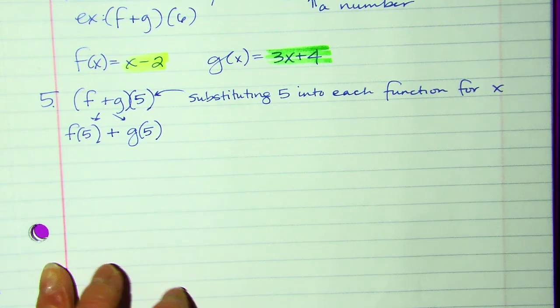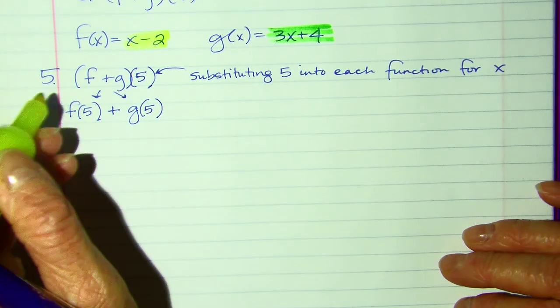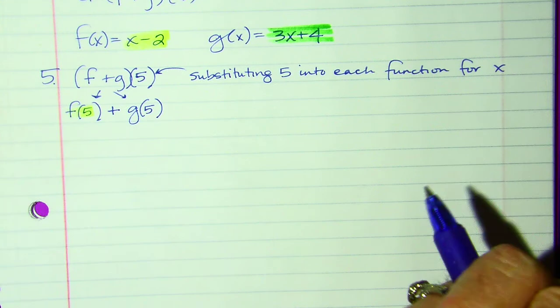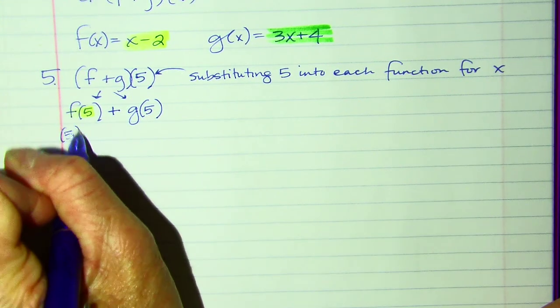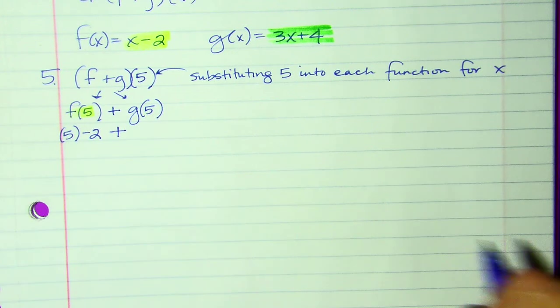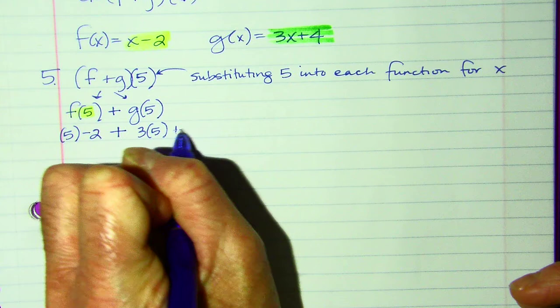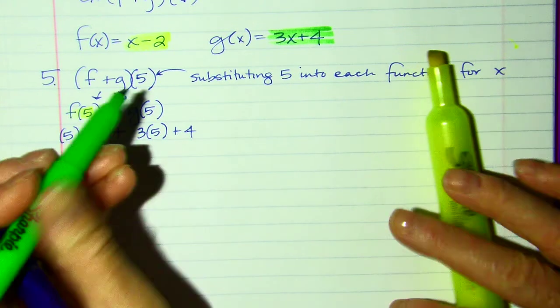I'm going to plug 5 into f. So I'm going to start with my yellow function, right? So I have 5 minus 2 plus, and now I'm going to do that into g, 3 times 5 plus 4, right? That's my green function.